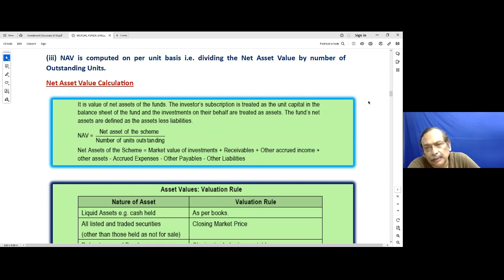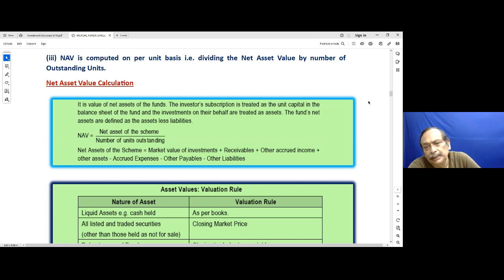The investor's subscription is treated as the unit capital in the balance sheet of the fund, and the investments on their behalf are treated as assets. The fund's net assets are defined as the assets less liabilities, and accordingly, NAV is equal to net assets of the scheme divided by number of units outstanding.